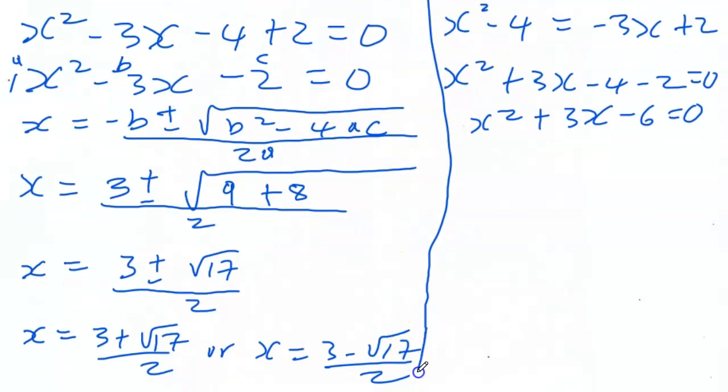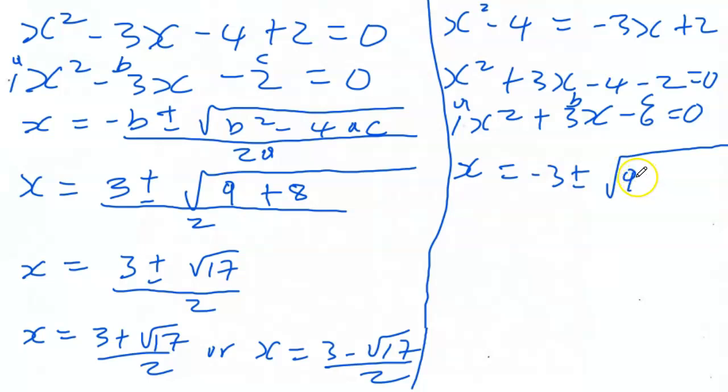So using the same formula, this time a is 1, b is 3, c is minus 6, so make our substitution. Minus b, that's minus 3, plus or minus the square root of b squared, which is 9, minus 4 times a times c, so minus 4 times 1 times minus 6, that's positive 24, upon 2a.